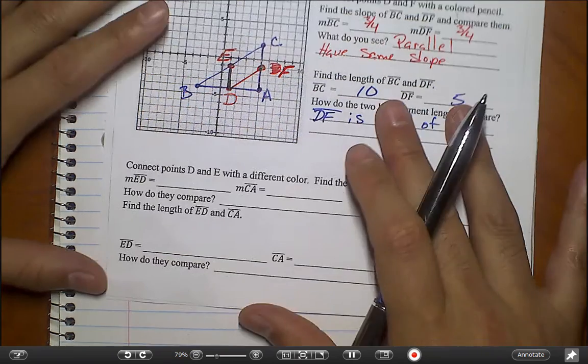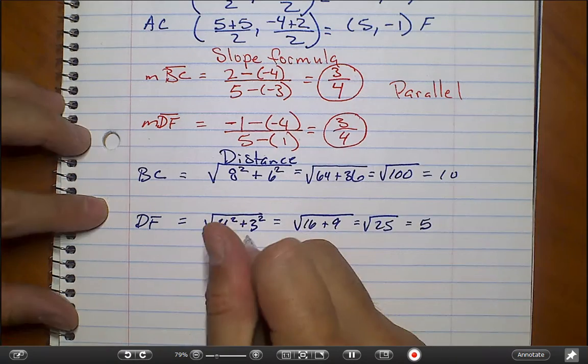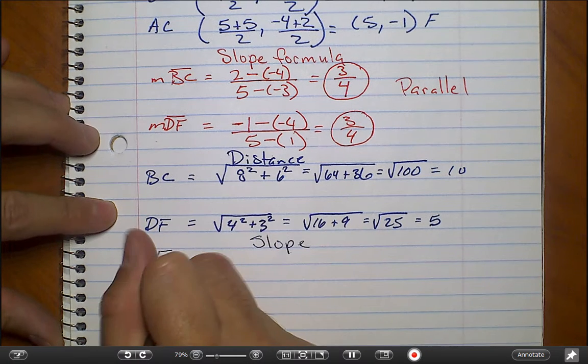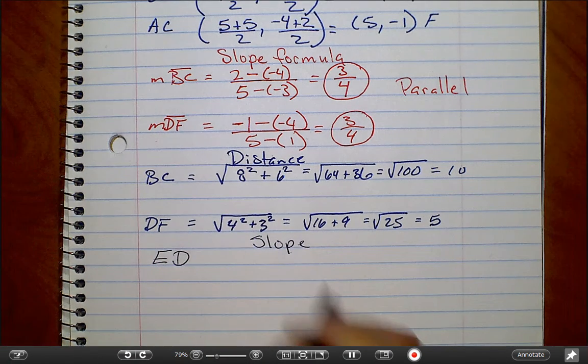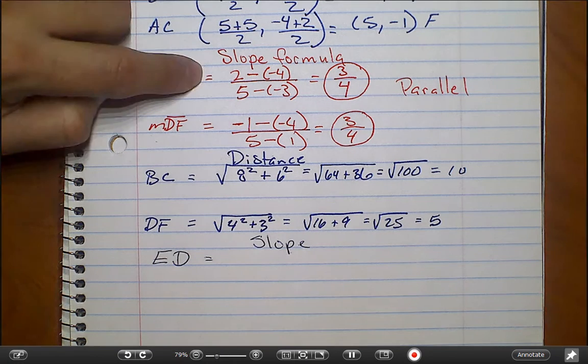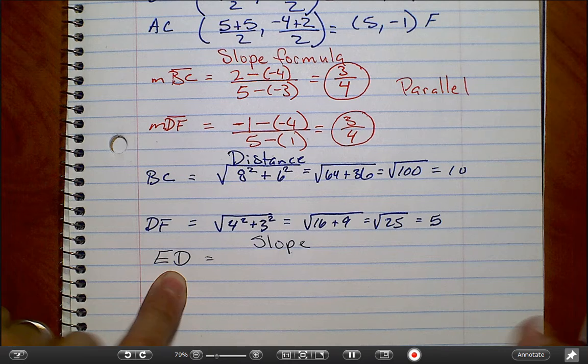So now we're going to go back again, and we're going to do the slope of ED. Remember the slope formula, so that means D is my second point, right?